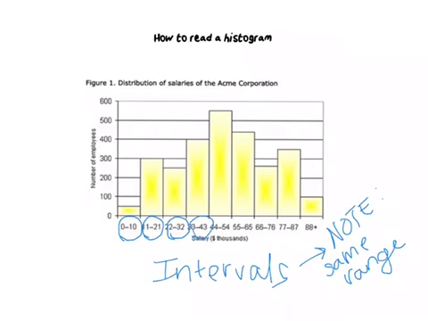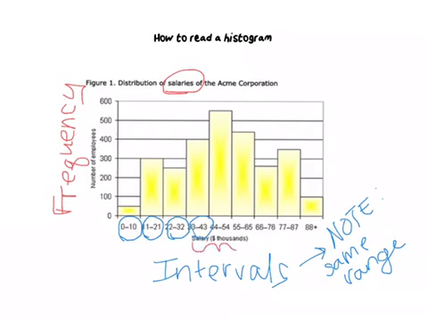From there, the next thing we need to know is our frequency. Our frequency is telling us how often a data point within this set occurs within that interval. For example, this graph is looking at salaries of the Acme Corporation.